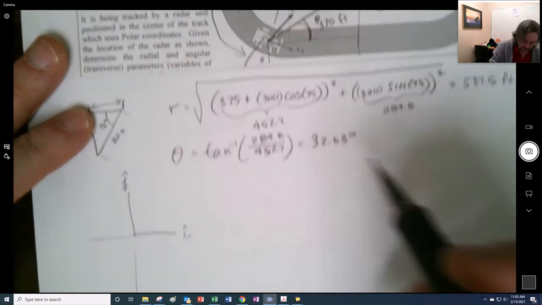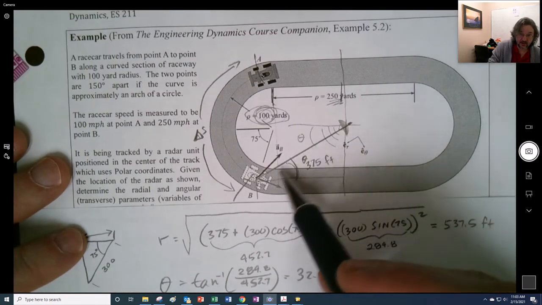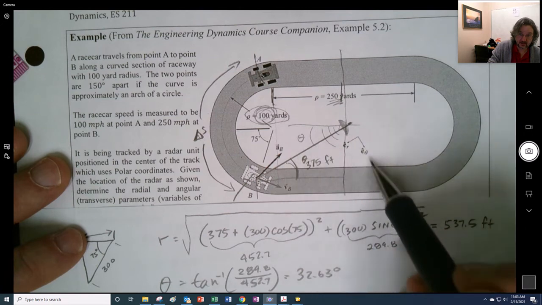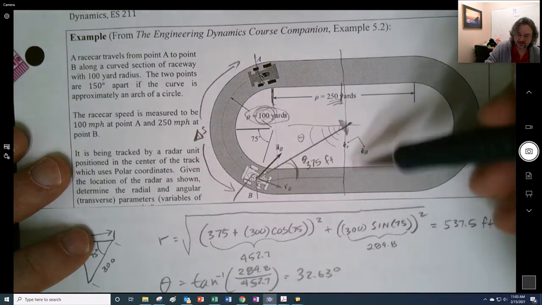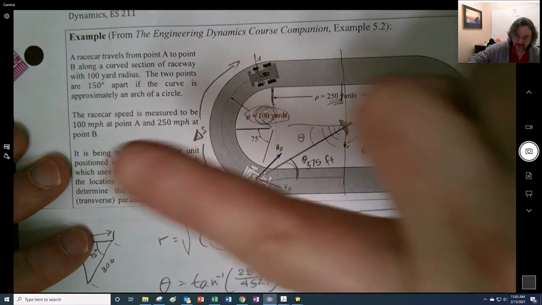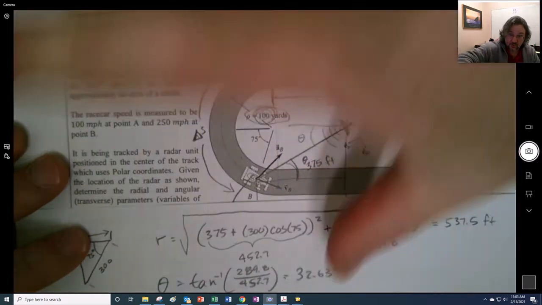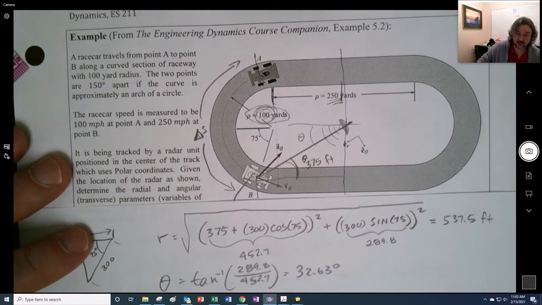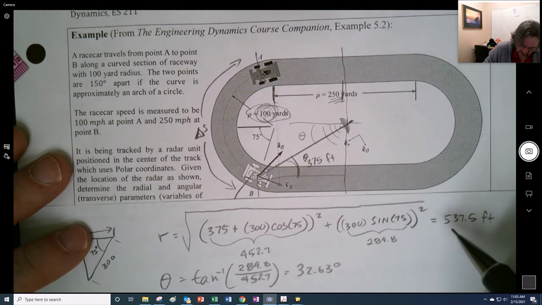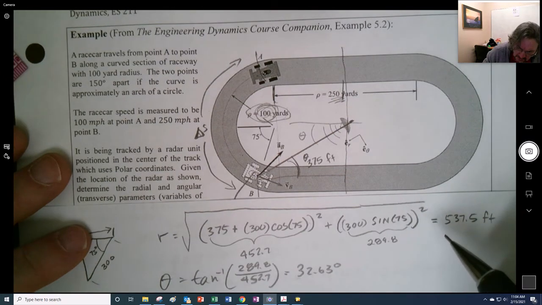Our radial is going to be aligned with this, and by convention, our transverse follows the right-hand rule, pointing to the left. Is that true?